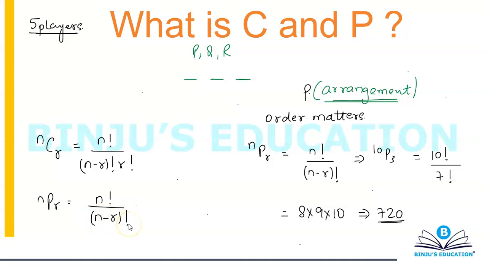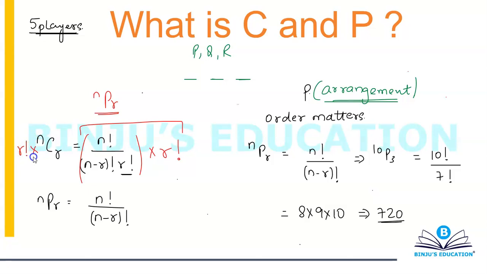So you can very well see that the only difference is this r factorial in the denominator. If I multiply this expression by r factorial, then this expression will again become NPR.